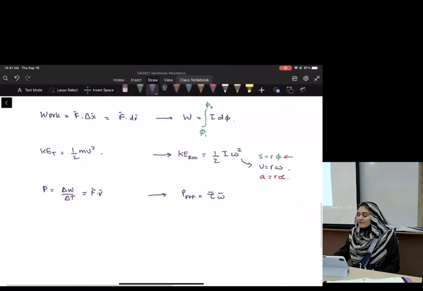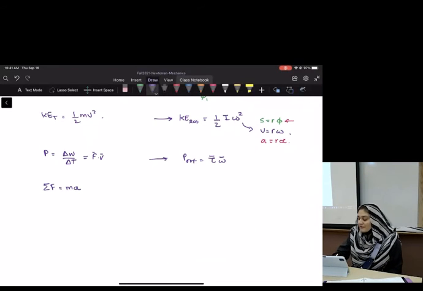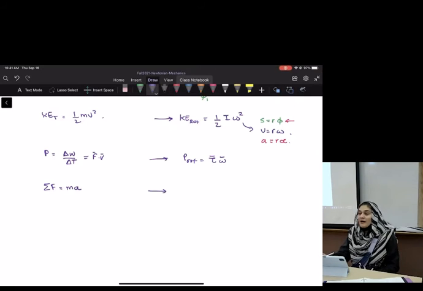Okay, now let's write Newton's law for rotation. What is Newton's second law in linear? Think of what it would be for rotational. How did we define force in rotation? What did we call it? Torque. So what should be on the left side? Sigma should stay the same, but force will become torque. What did we define the mass as? Look at it here.